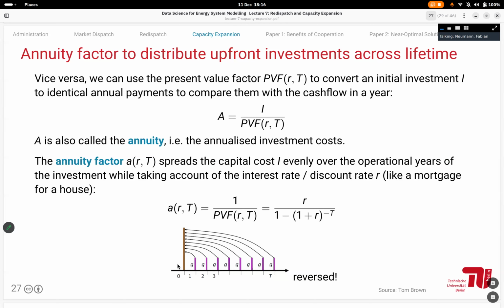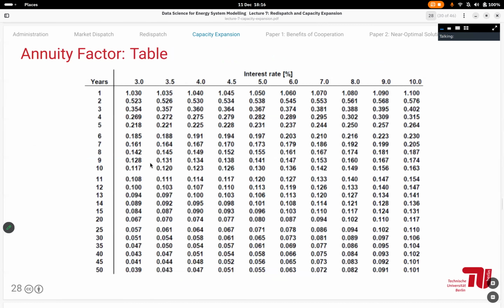The specific annuity factor depends on your interest rate, or discount rate, and the period over which you pay it back. You can look at these tables, and many technologies have maybe an 8% discount rate and a 20-year lifetime, and that's roughly a factor of 10.